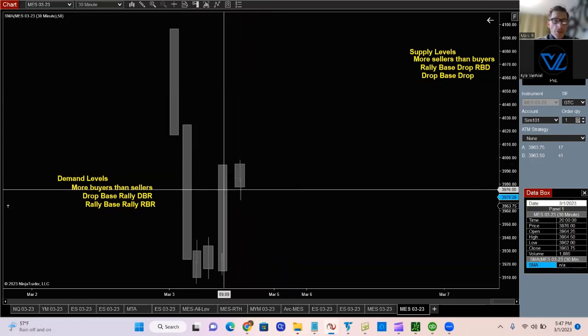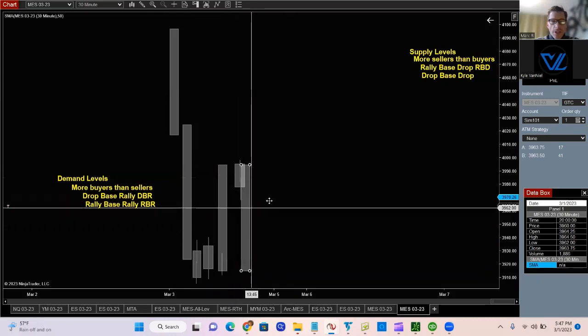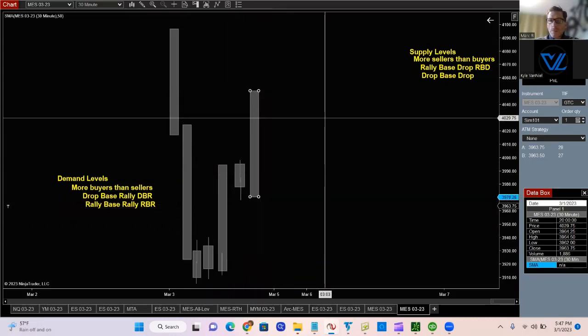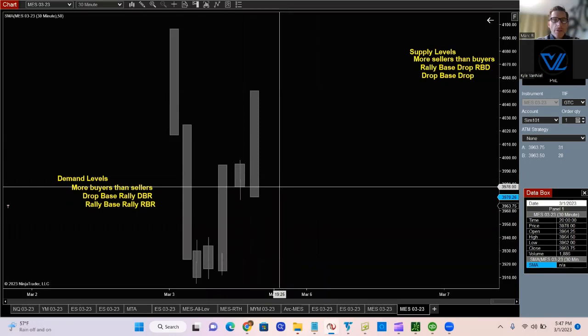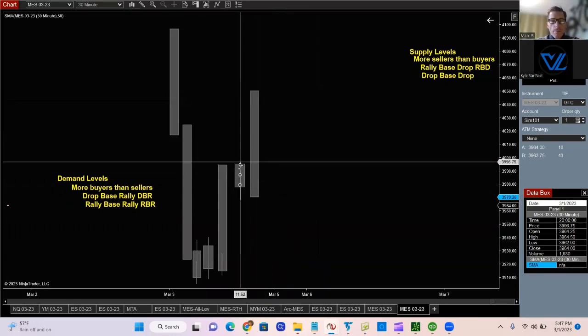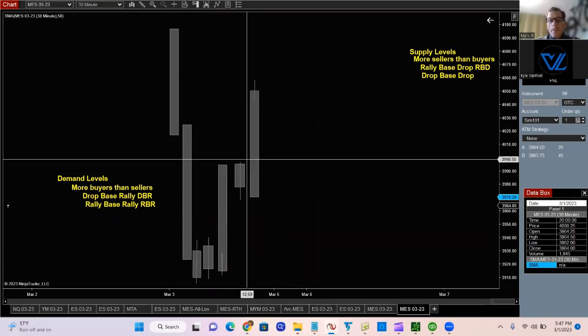For the sake of speeding this up, let's just say this is our rally base rally. In this case it happens to be made up of two candles, with a wick in there just to make it look realistic.